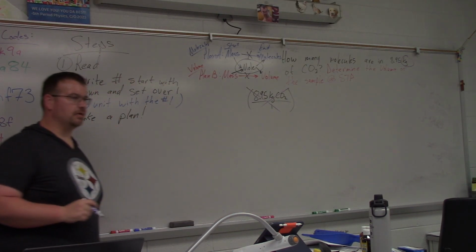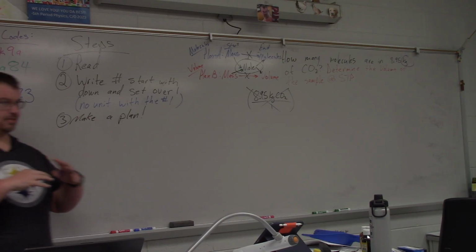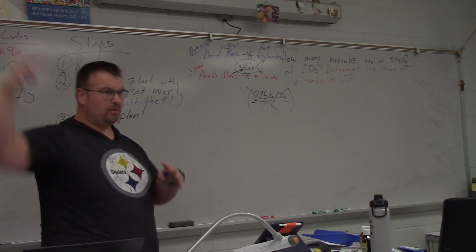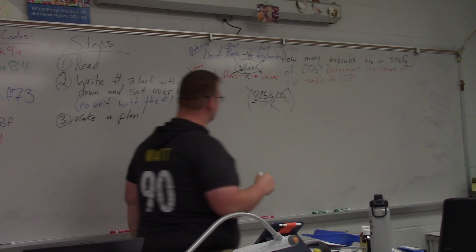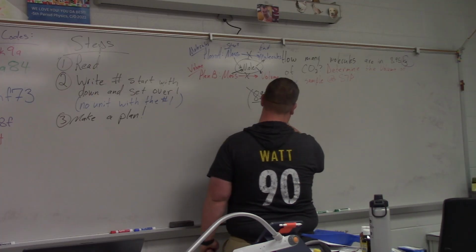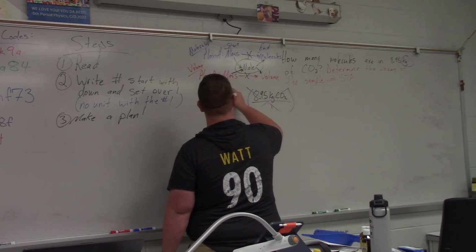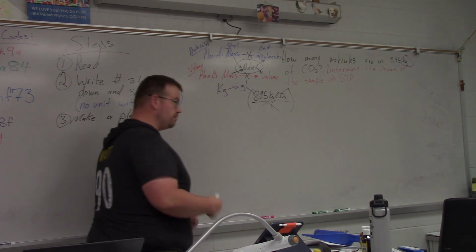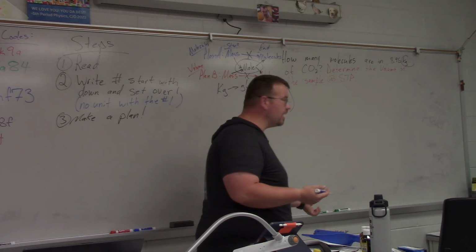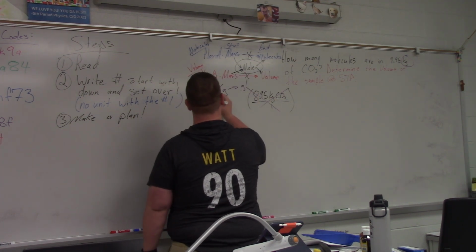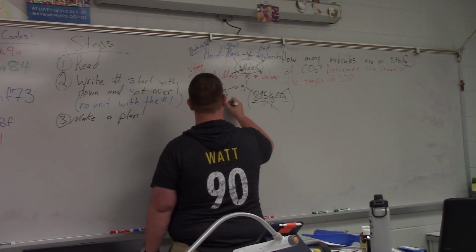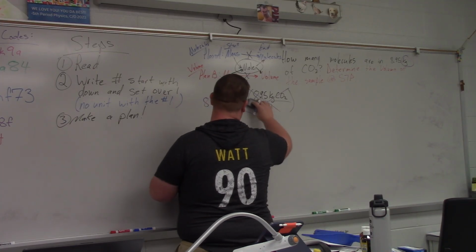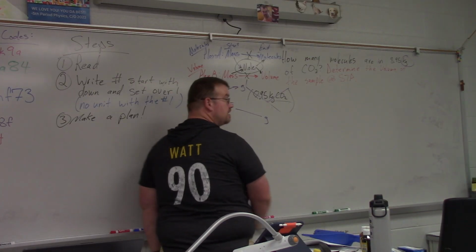You have to notice something, and things build in this class. This is why it's important we get it and start building upon it. You got to know it. We did metric conversions. We have to go kilogram to gram first. You should be able to do this. If you need to set it up, set it up. So 8.95 kilograms is equal to how many grams? Follow your steps.